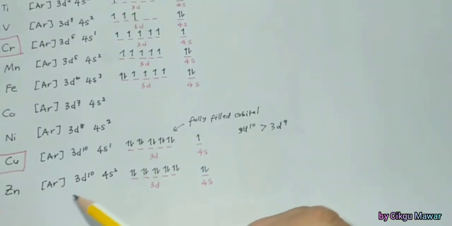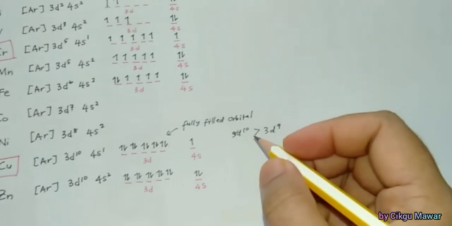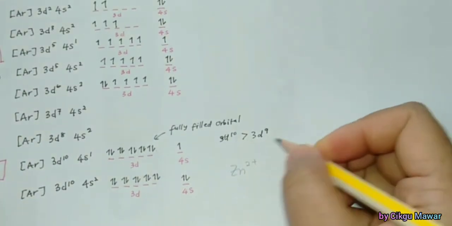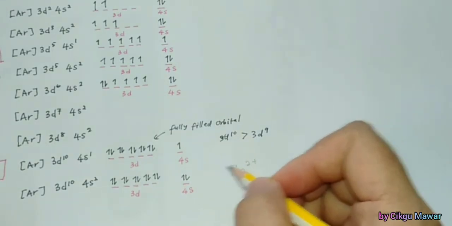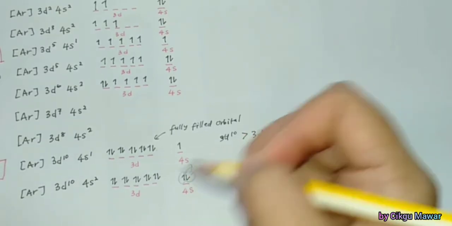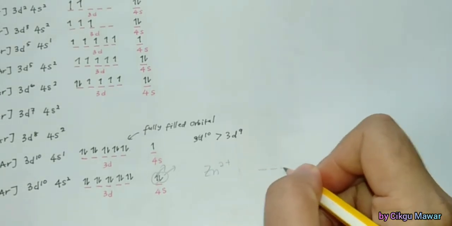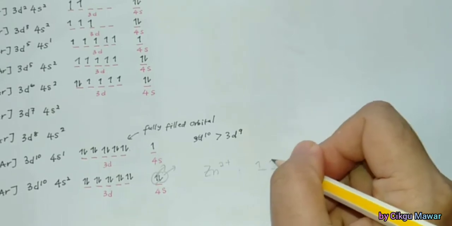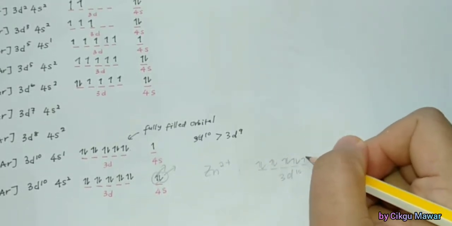Why is zinc not part of the transition elements? When zinc forms zinc 2+, it will remove the outer 2 electrons from the 4s orbital, 1 and 2. What is left is 3d10, where all the electrons in the 3d orbital are fully filled.